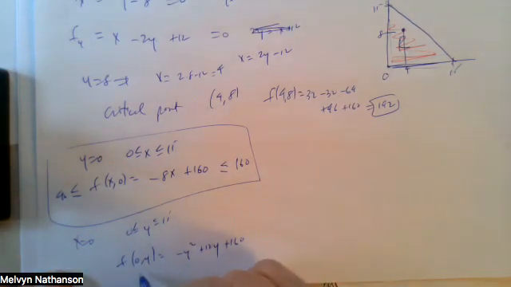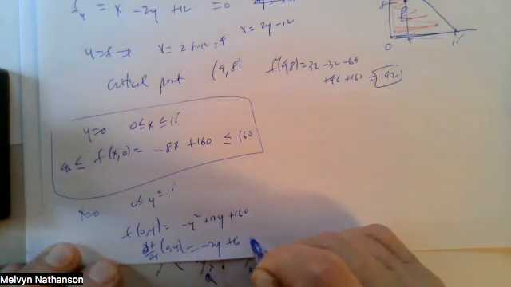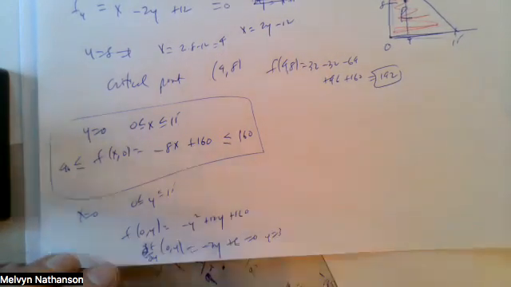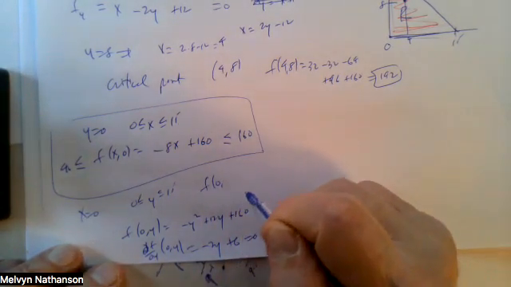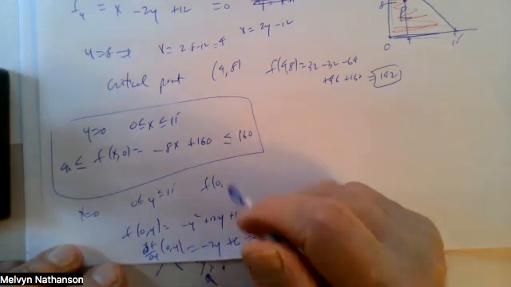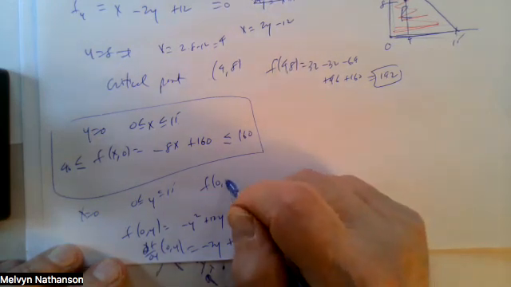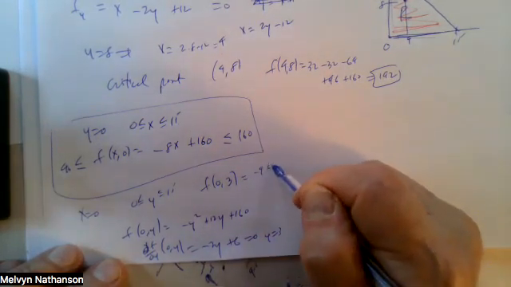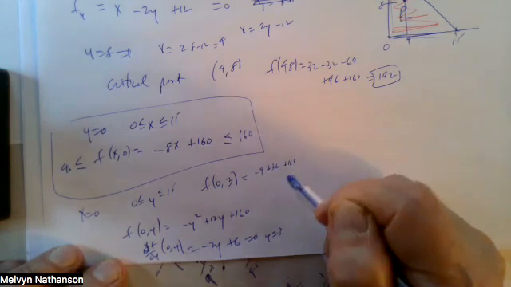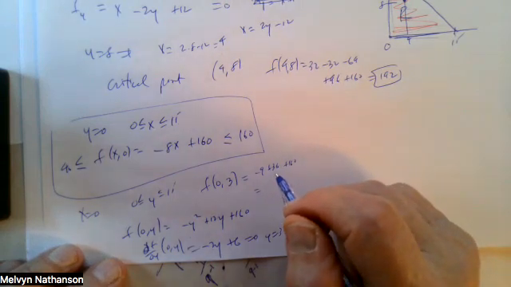If I differentiate this with respect to y, I get minus 2y plus 6. That's equal to 0 at y equal 3, and the second derivative is minus 2, so that's going to be a local maximum. So f of 0, 3 is minus 9 plus 36 plus 160. So this is 187, I think.